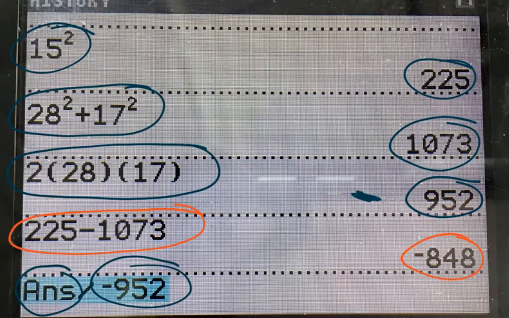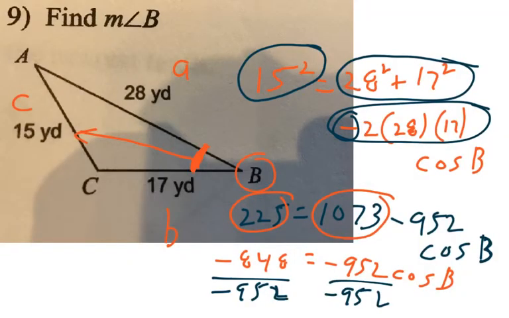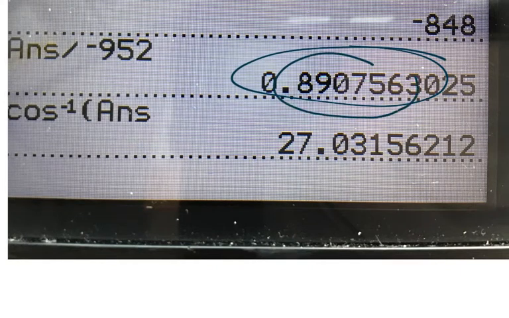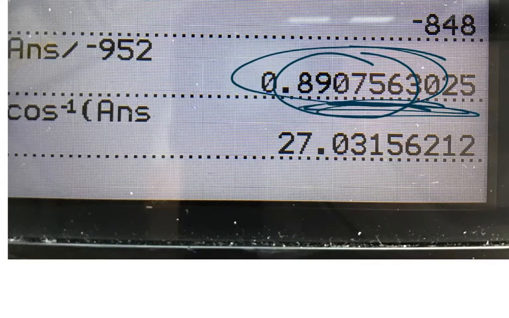Okay, so coming back over here, guys, I know cosine of B equals positive 0.8907, right? Let me just double check. Yeah, 0.8907. Now, if you're using your calculator like me, guys, leave all of that in your calculator.